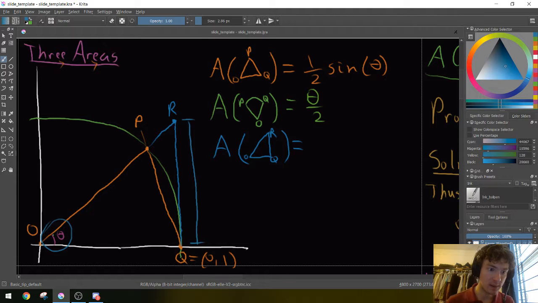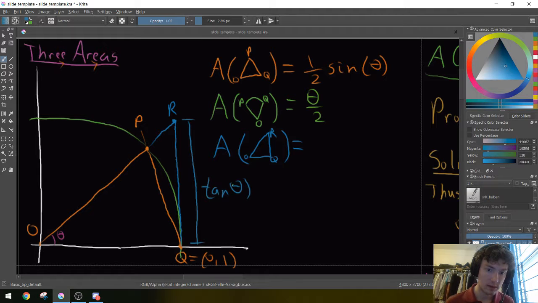So tangent of this angle theta is opposite over adjacent for the blue triangle. But adjacent is 1, because this side length on the bottom is simply 1. So that means tan theta is simply the height of the blue triangle, which means this height is tan theta.